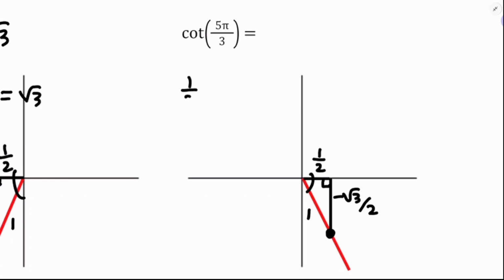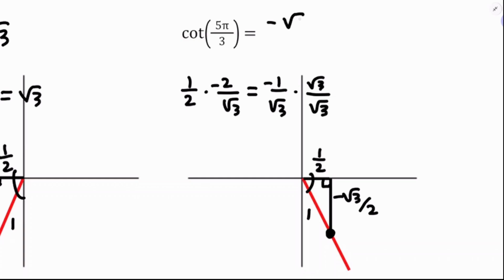So that's 1/2 divided by negative root 3 over 2. So times negative 2 over the square root of 3. That's negative 1 over the square root of 3. And if I was to rationalize the denominator, I would get negative root 3 divided by 3.